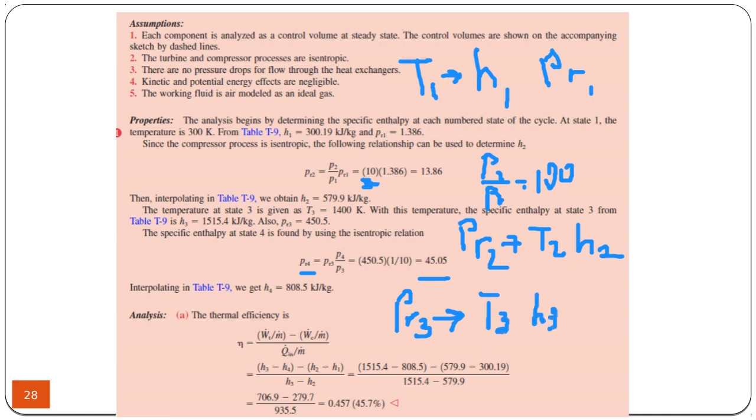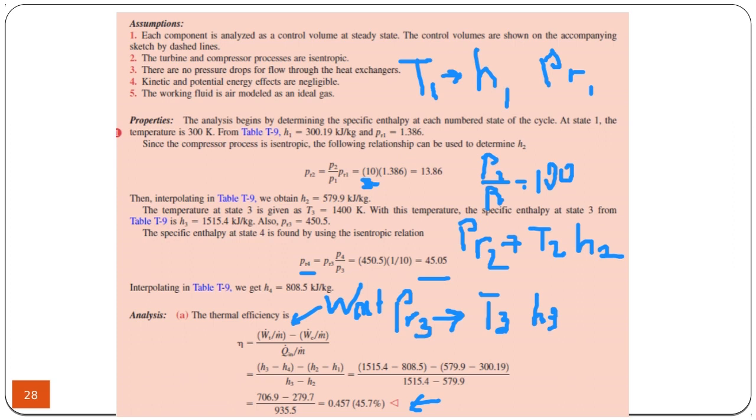So up to now, we have all the pressures, temperatures, and enthalpies, meaning that we can now calculate the efficiency of the system. The efficiency of the system is W net divided by Q in. W net is the net of the compressor and turbine works. So we find the efficiency of 45% for this gas turbine.